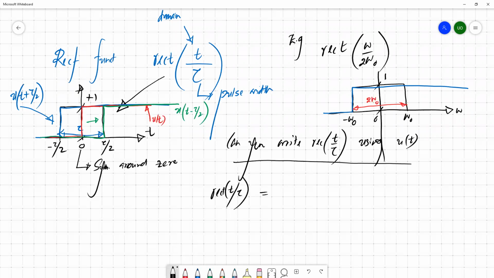What happens if you subtract u(t - tau/2) from u(t + tau/2)? You have this rectangular pulse. So the rectangular pulse can be represented using this.